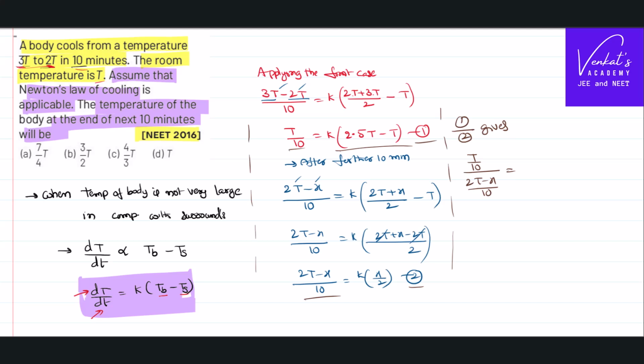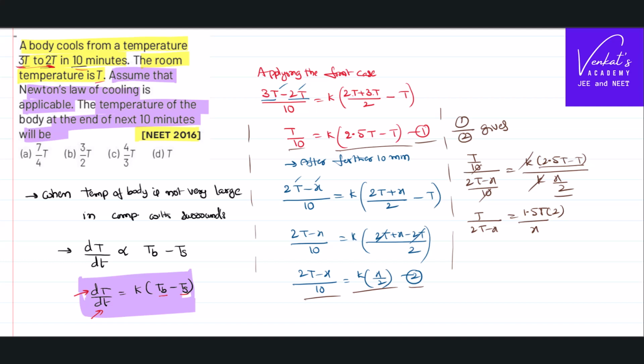On the right hand side, K of 2.5T minus T, and K of x by 2. K cancels, and the 10 and 10 in the denominators cancel. So T over (2T minus x) equals 1.5T by x.